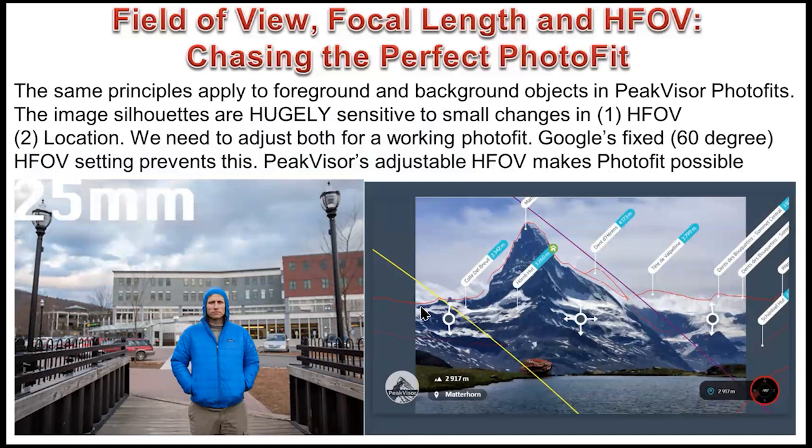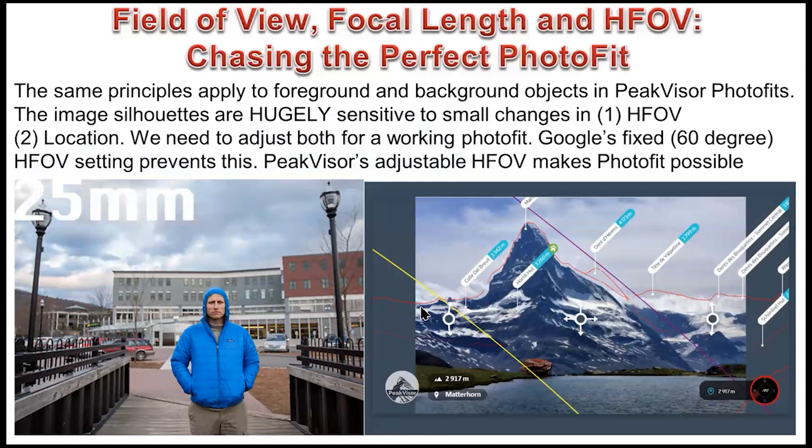There is an implicit horizontal field of view in the rendered image that both, say, Google and PeakVisor create. So whether you like it or not, there's something in there that may not be at the right value for you to fit your silhouette. You need to be able to change the field of view to get good photo fitting.